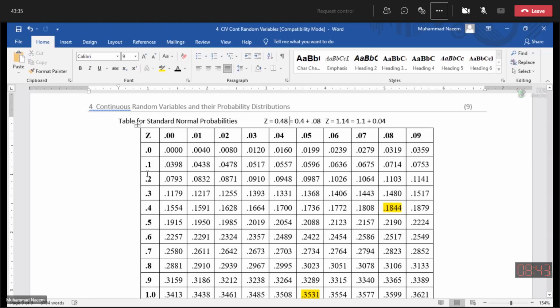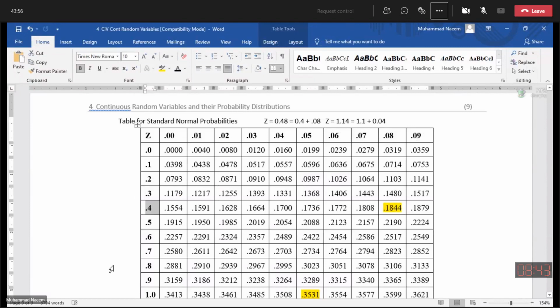I mean to say that up to the first decimal we will trace in the first column, and the second decimal will be traced in the first row. 0.4 in the first column and 0.08 in the first row.